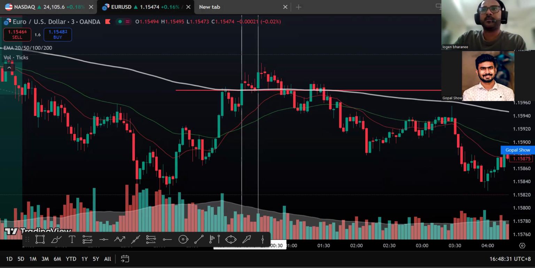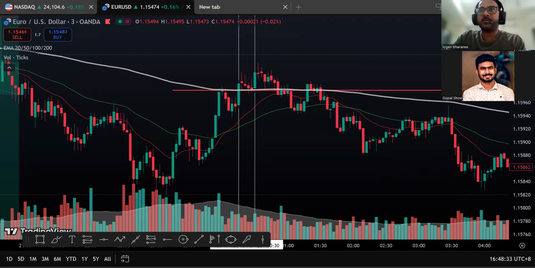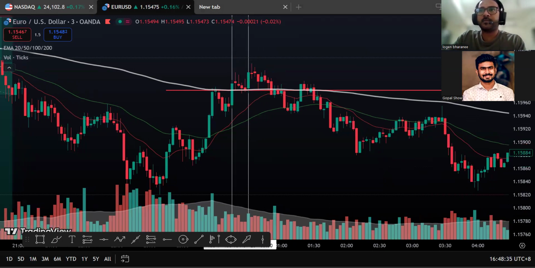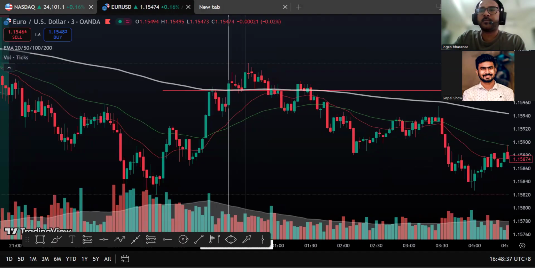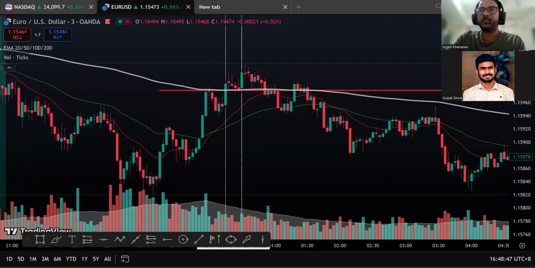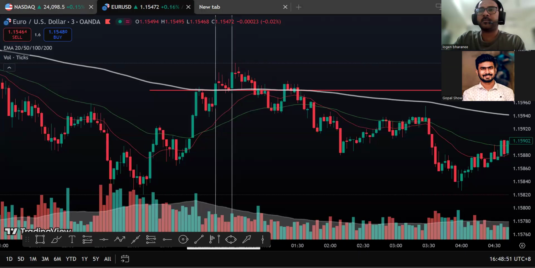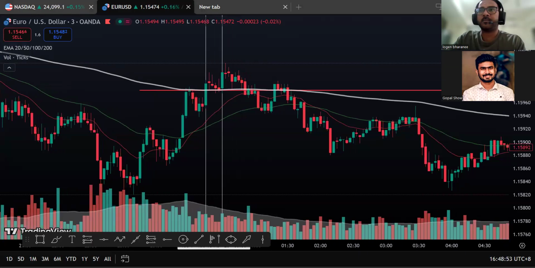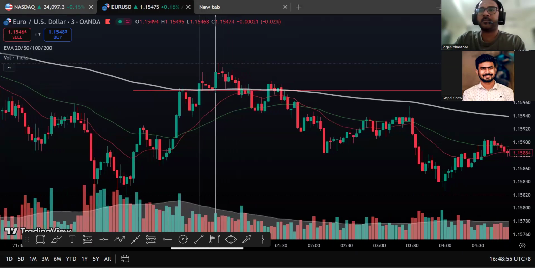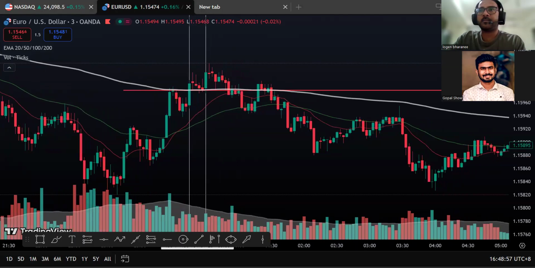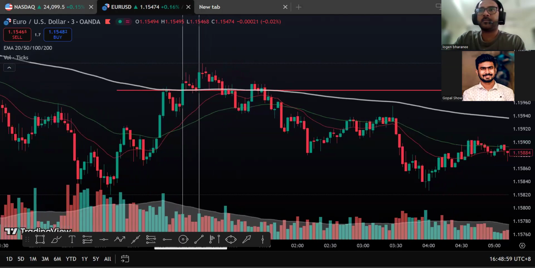Now you see, slowly see the chart on the left-hand side. See from this area, these sellers are respecting this level, also respecting this level. Understand? Now see, shift the chart slowly to the left-hand side. Price is coming. Just wait. Hold on.